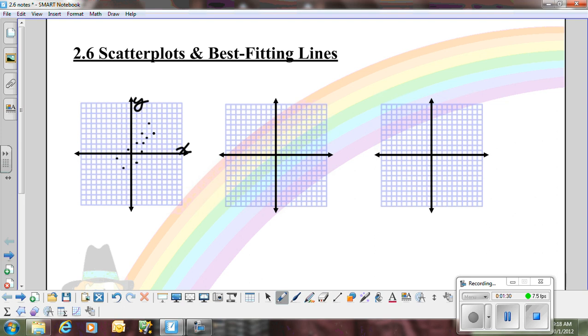When x goes up, y appears to be getting bigger as well. When you look at a scatter plot and the dots are generally increasing, getting taller on the y-axis as it goes further on the x-axis, we call that positive correlation.